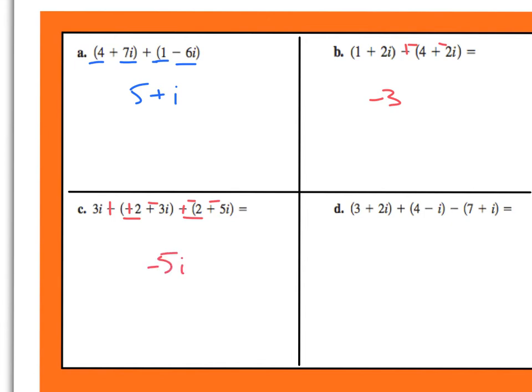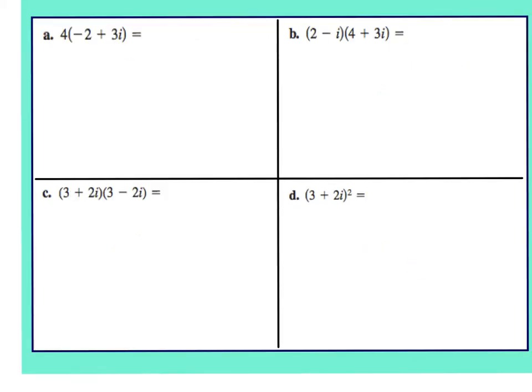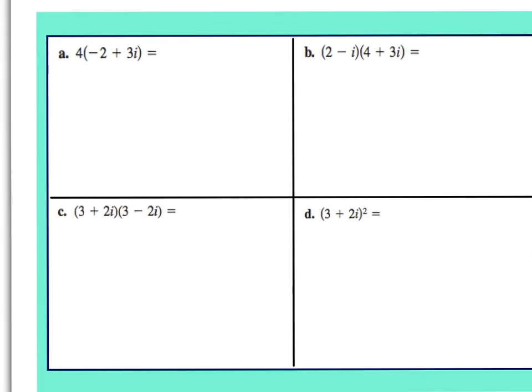Negative 5i. Very good. All right, calling somebody. Call on a buddy. We're going to distribute the negative. So what do my constants go to? 0. How many i's do I have? 0. So what do we get? We get 0.